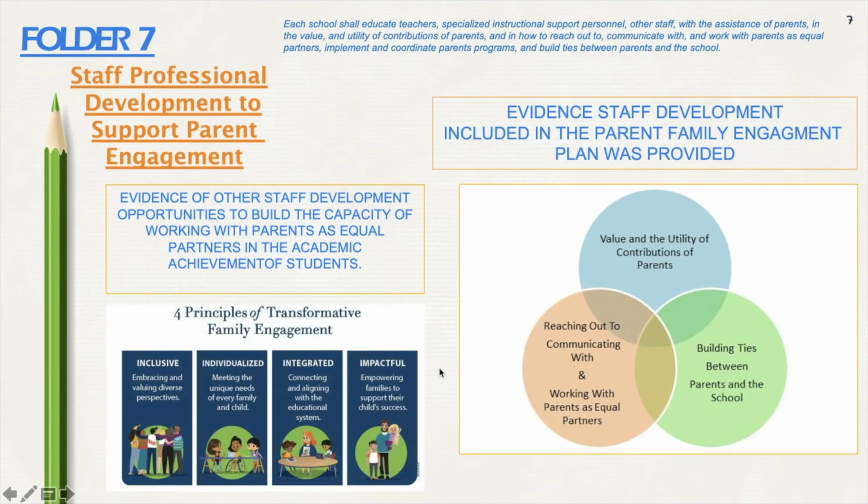I can think of things like you might be doing something with guidance, or you might do PLCs in certain content areas or grade levels where you talk about parent engagement. Or if you're given any training in other areas like MTSS on how to communicate with parents and work with parents, those types of things would be another thing to add to this folder.